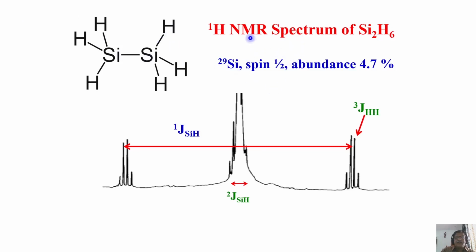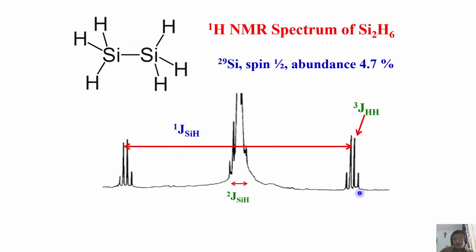This silicon has spin half nuclei, is 4.7% abundant. When I do this proton NMR, I get a single peak. Couplings to silicon are only 4% intensity because they are satellites. And that is seen because only 4% of the molecules are present as silicon 29.